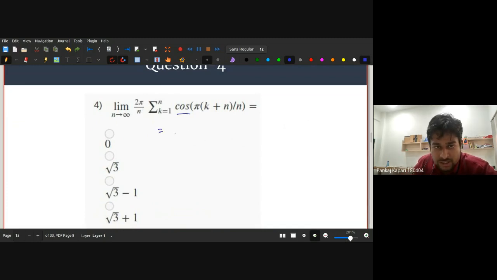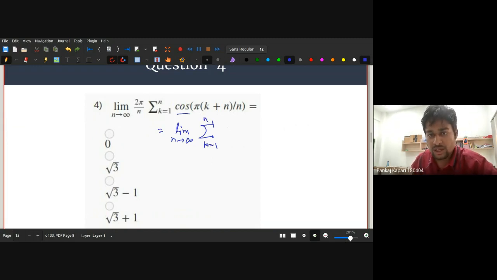So we'll just write this as limit n going to infinity and summation from k equal to 1 to n. And now we will keep 1 by n separately, because this will be our length of subintervals. So we are again going to choose a partition of our interval into n equal subintervals.